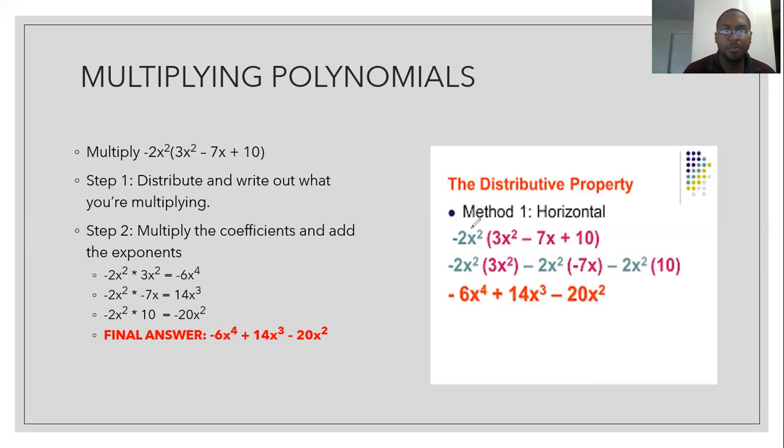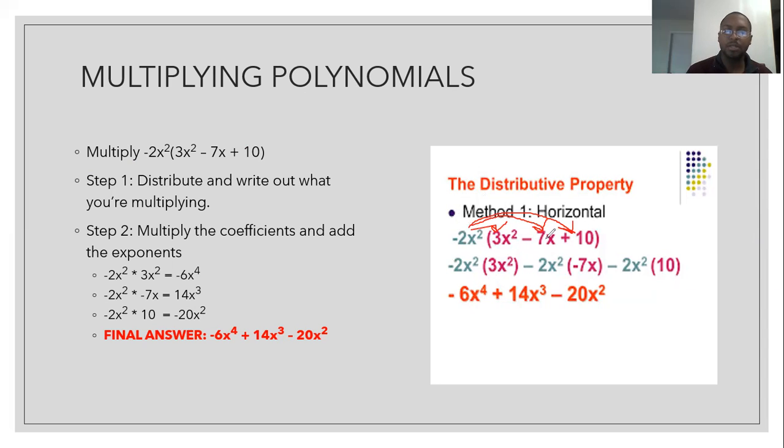So I need to distribute, like so, and then go step by step. Negative 2 times 3 is negative 6. I have 2 x's here and 2 x's there. How many x's do I have? 4. X to the 4.